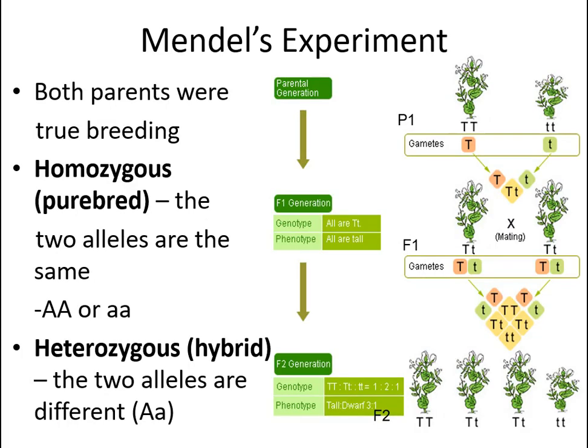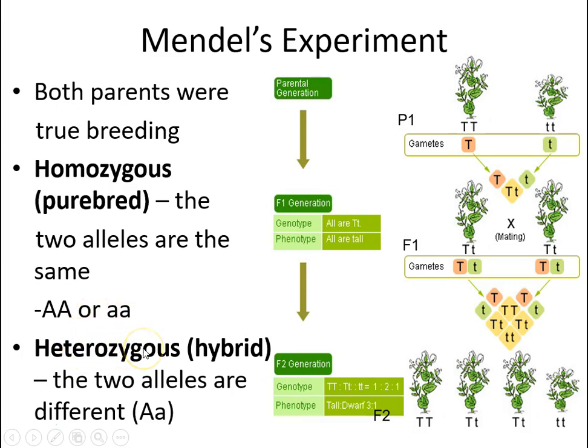So Mendel, like I said, studied pea plants. In this cross, both parents were true breeding, which means that they were both homozygous. And remember, homo means same. Another term for homozygous is purebred. So we will either have two dominant alleles, or two capital letters, or two recessive alleles, which are two lowercase letters.